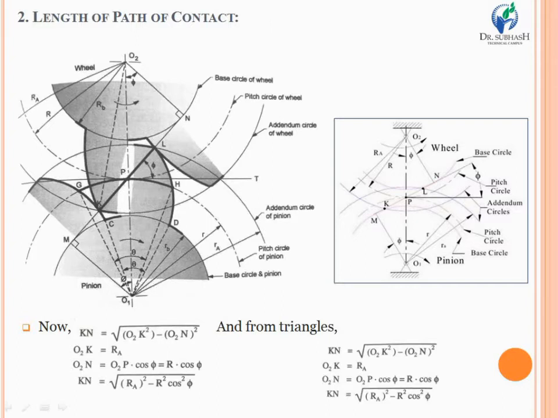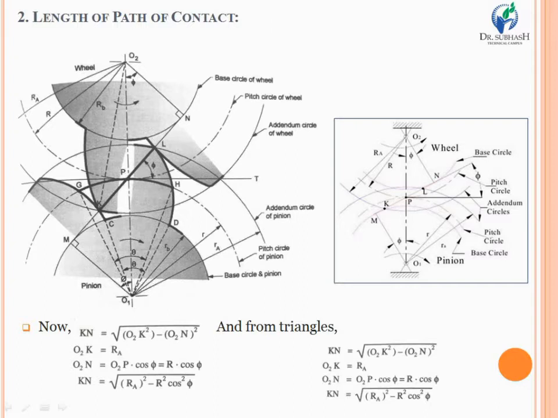Now the path of contact KL is the summation of KP and PL. By summing up both KP and PL, you will have the path of contact. The portion KP is known as the path of approach, whereas the portion PL is referred to as the path of recess.